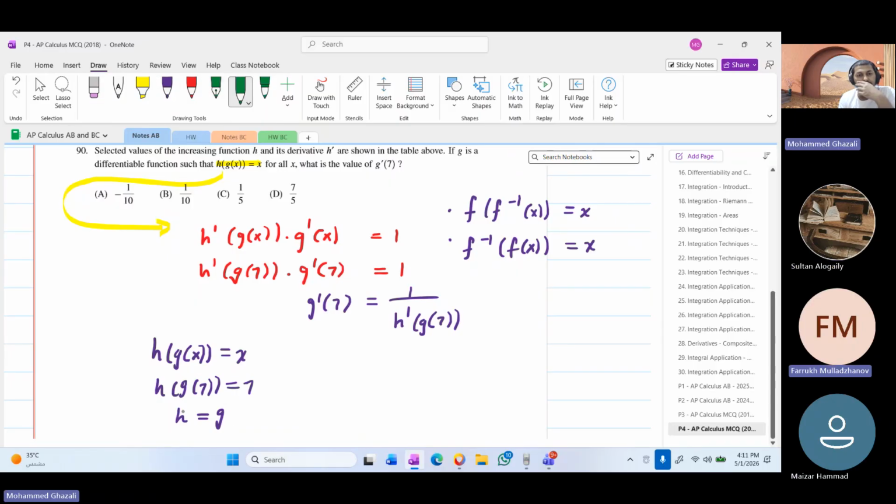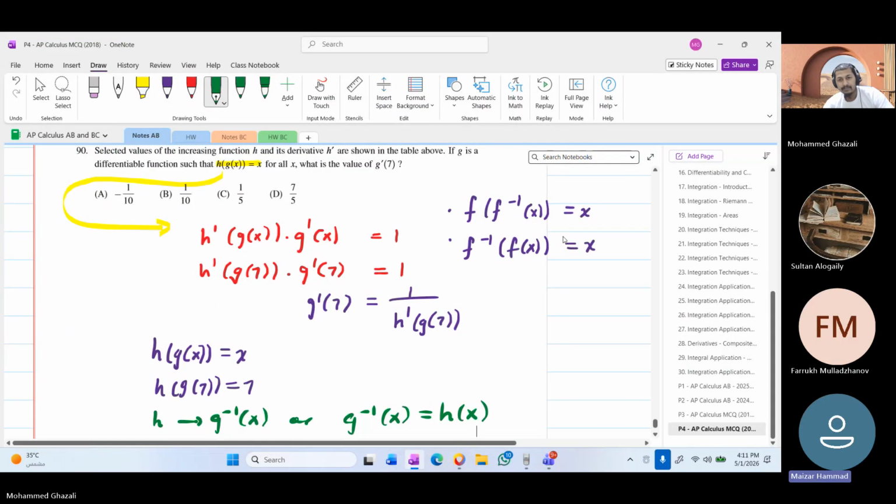They're inverse functions of each other. So h of x is equal to g inverse of x, or g inverse of x is equal to h of x. That's what you can say.